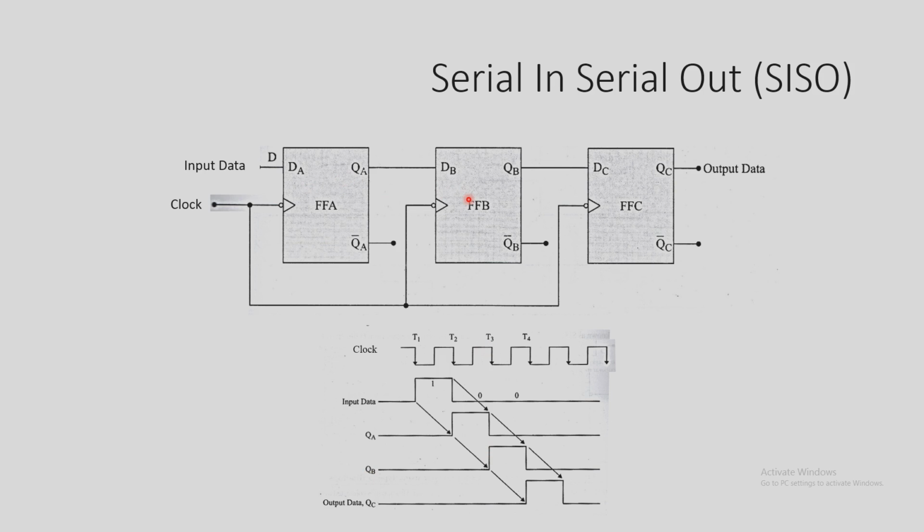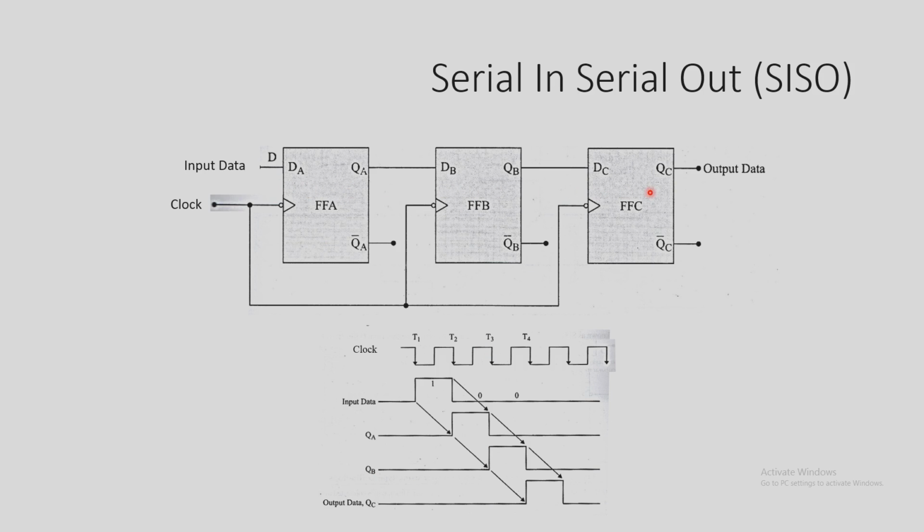That means this data will be shifted to this port on the next negative edge. At every negative edge, data from this flip-flop will shift into this, and data from this flip-flop will shift into this.